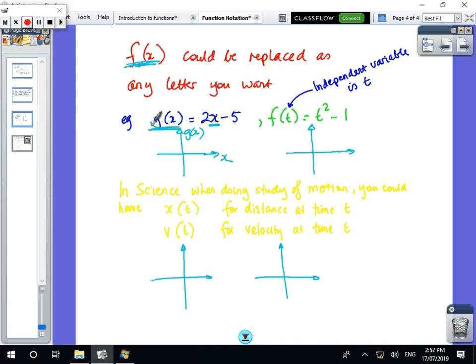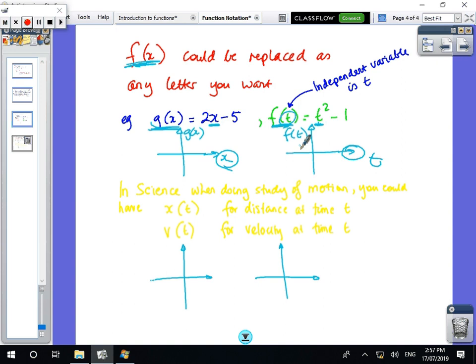So if the letter is t, then I'd have f(t). Instead of having f(x) with x squared on the other side, f(t) just means that t is the variable that you're putting the numbers into, and so instead of having x here, I'd be plotting t. Whatever the independent variable is goes on the horizontal, and this would be f(t) on the vertical.